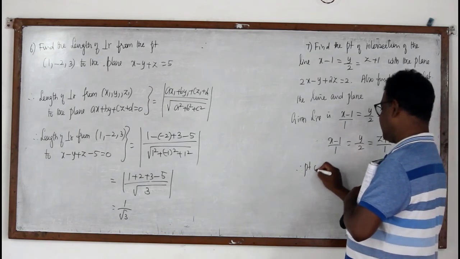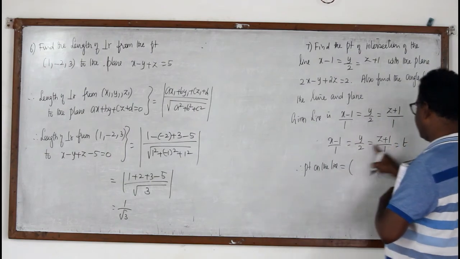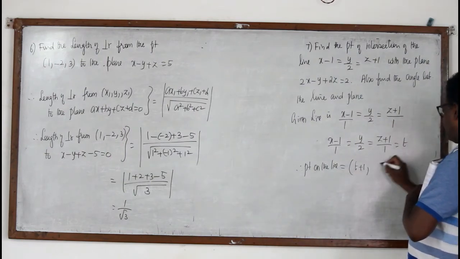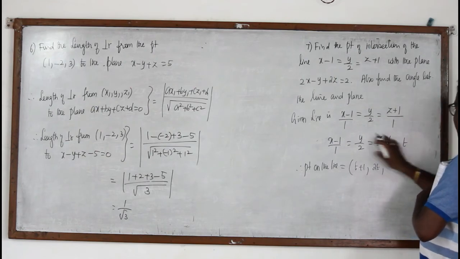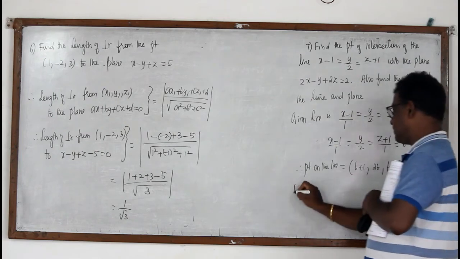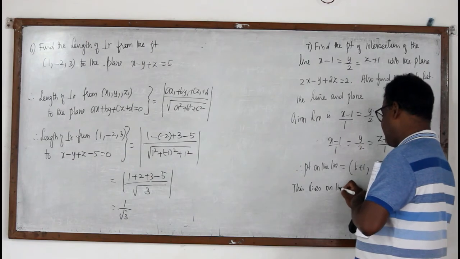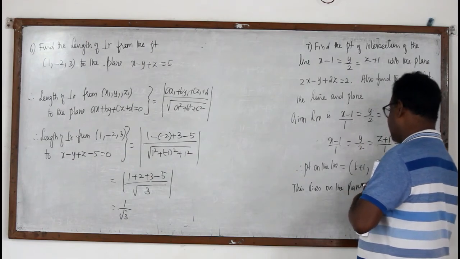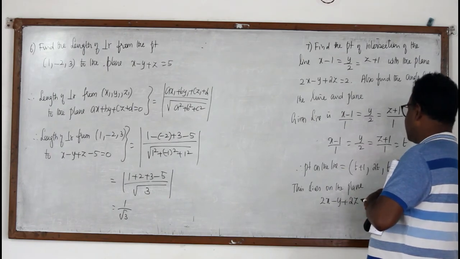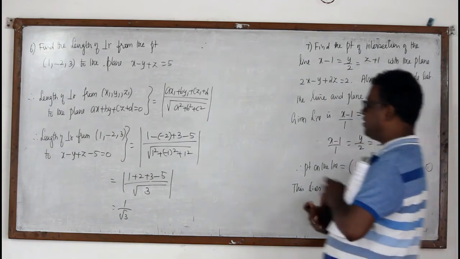Then a point on the line is given by, for x, t plus 1. For y, it is 2t. For z, it is t minus 1. This lies on the plane. What is the plane? 2x minus y plus 2z minus 2 equal to 0.